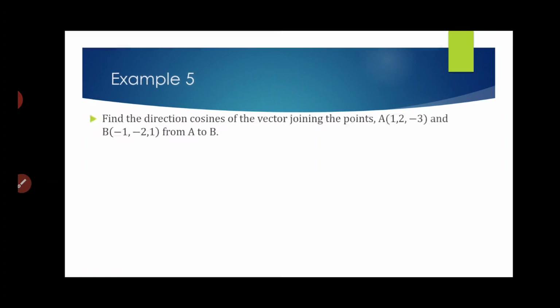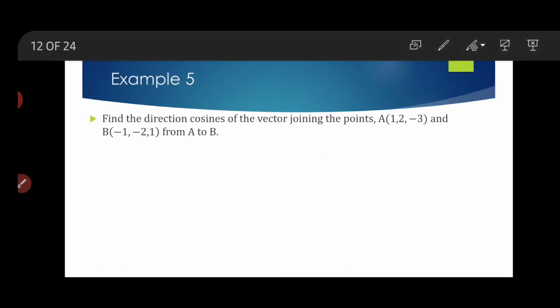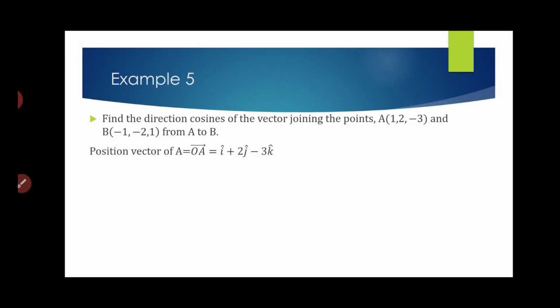So therefore the vector is basically AB vector. Now to find the AB vector, first let me find the position vector of A and B, or I could have done it directly as well, but let me just do everything here so that you can understand.